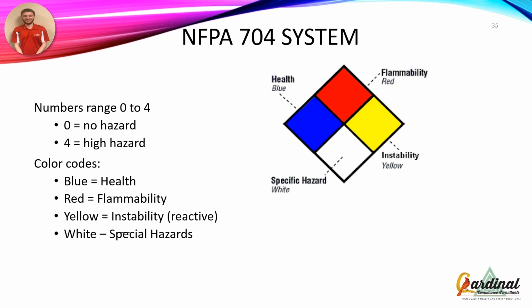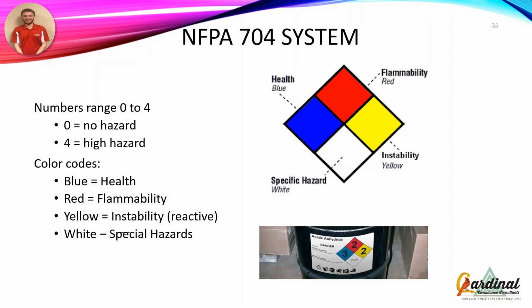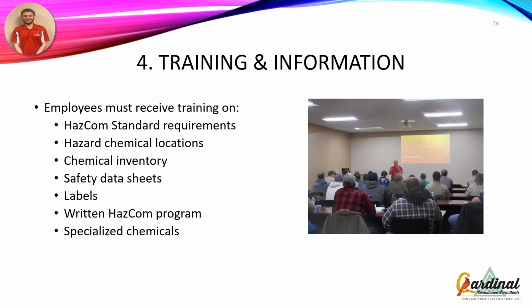If it's water reactive, you can put a W in there and slice it in the middle with a horizontal line. That means something's water reactive. Once again, 0 means there's no hazard, 4 means there's a high hazard. These are just simple labels that show you what you're dealing with and let you know at first glance how dangerous the chemical around you is.